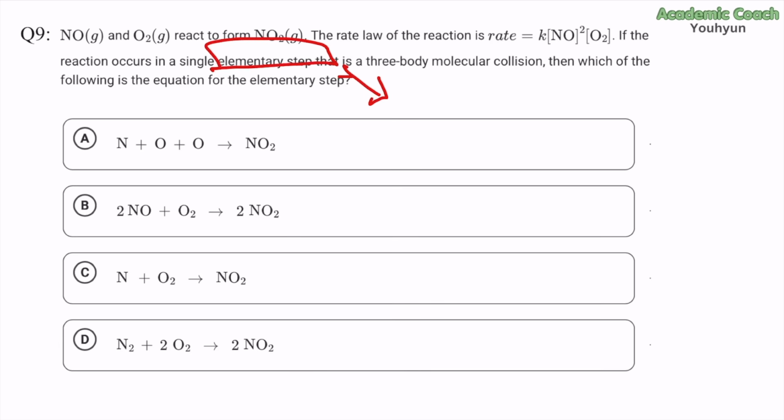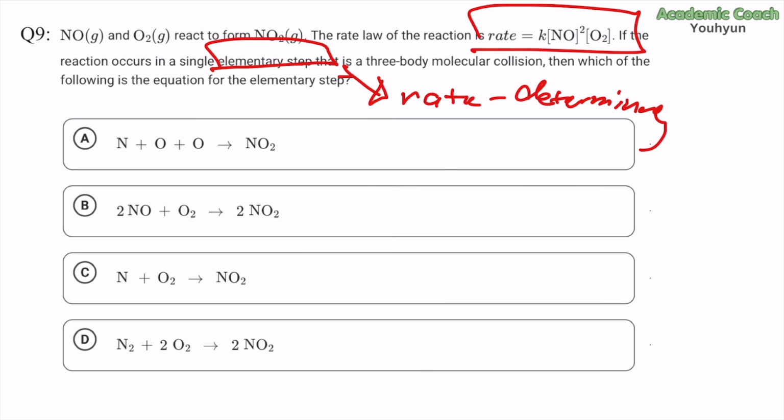If there is only one elementary step, then that step itself is the rate determining step. So that means that this rate law of NO squared times O2 should represent the molecularity of that only elementary step. So it should look like NO plus O2.